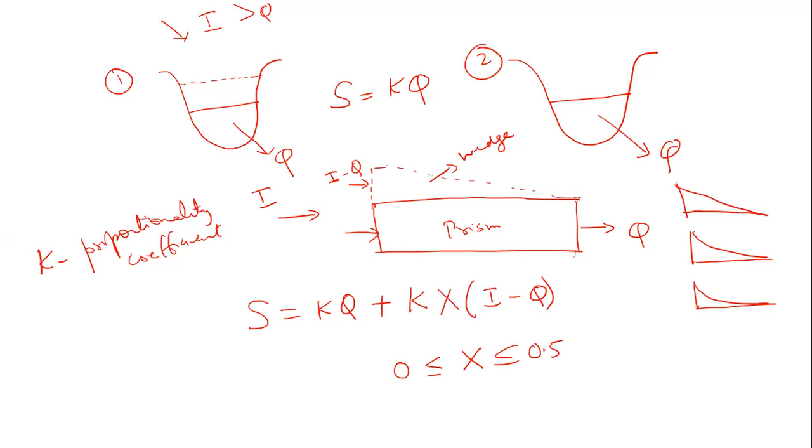I was asking about this proportionality coefficient. What would be the units of this? Somebody said time. K will have units of time. Physically, what do you think that means?